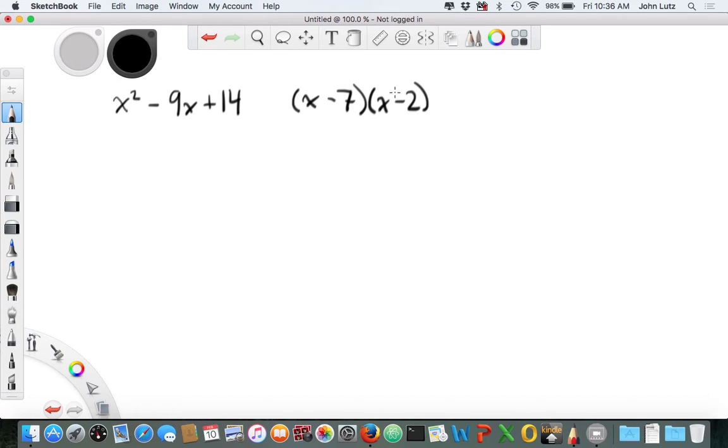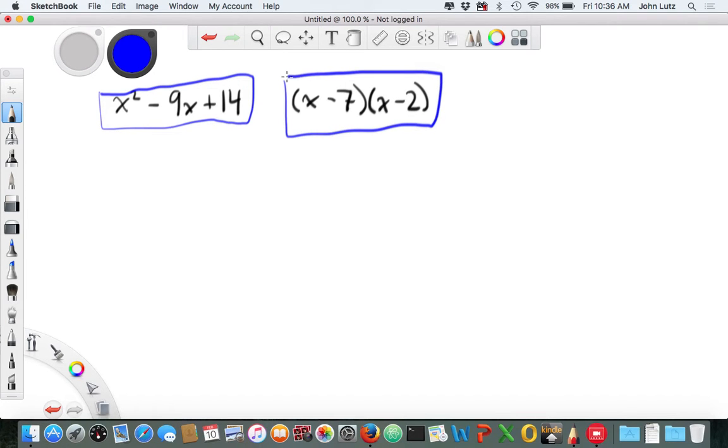Because negative 7 times negative 2 is positive 14, and negative 7 plus negative 2 is negative 9. Okay, so that's great. So what I want you to notice here is that these are two versions of the same form.